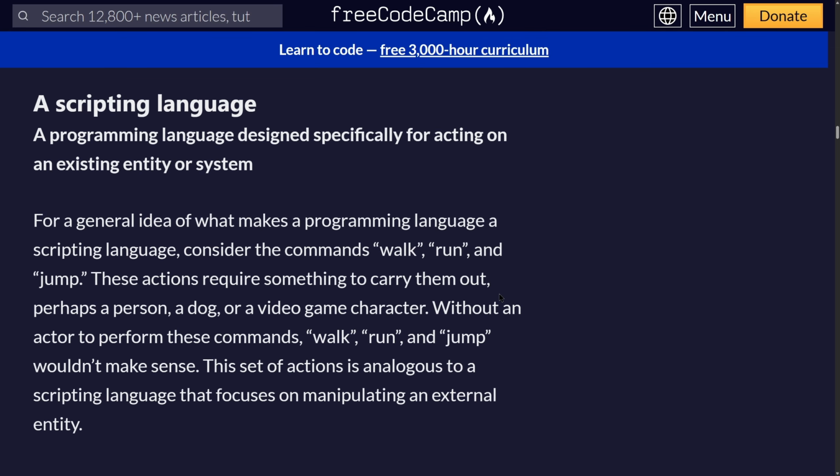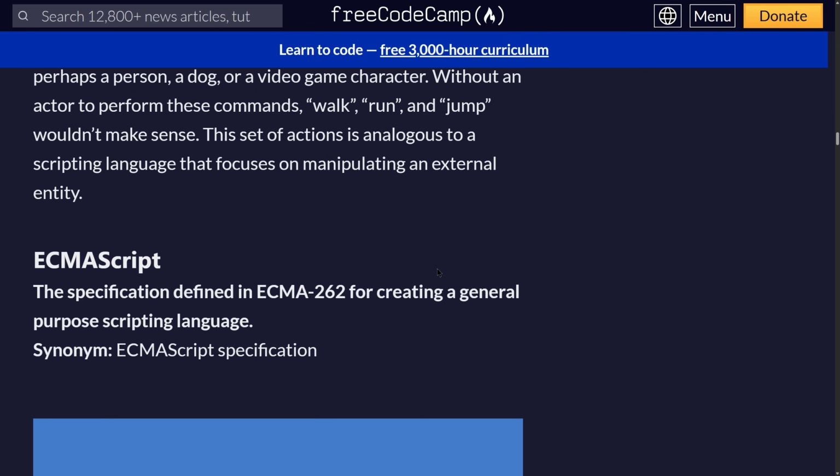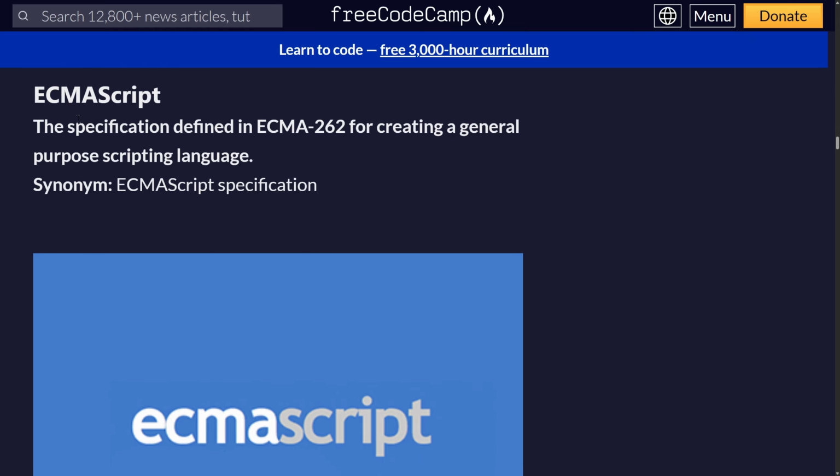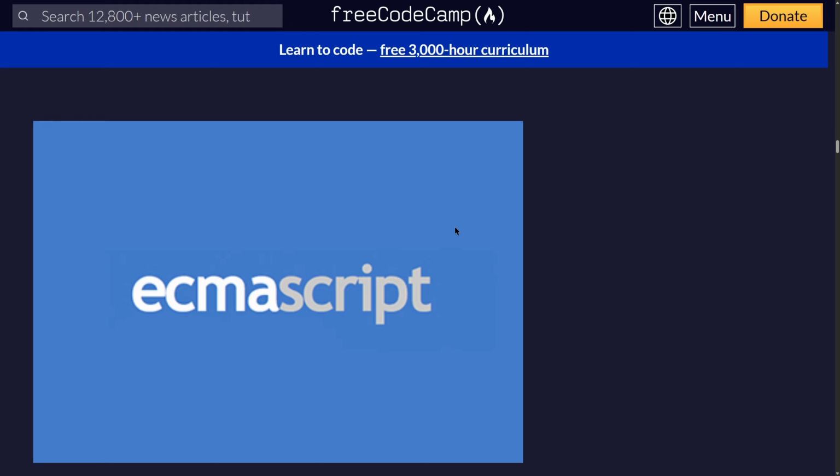Okay. All right. So now here comes the part. So what exactly is ECMAScript? ECMAScript is the specification defined in ECMA 262 for creating a general purpose scripting language. So ECMAScript, okay, ECMAScript is the specification. All right.